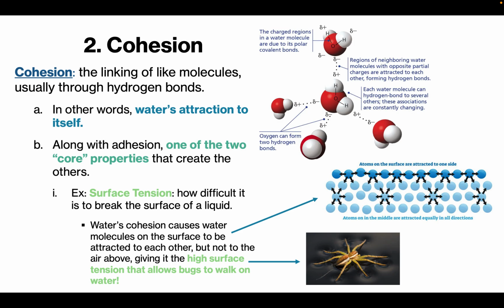Instead, they are attracted to and creating hydrogen bonds with the molecules only next to them, like on either side and below. So that's creating this, it's not a skin, but it's almost like there's a little bit on the top that can support some weight because of that lateral attraction between them and the attraction below that is pulling them down. So that's surface tension.